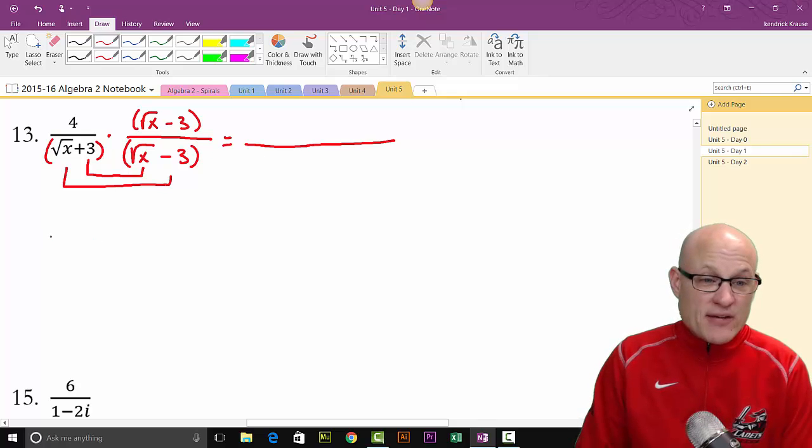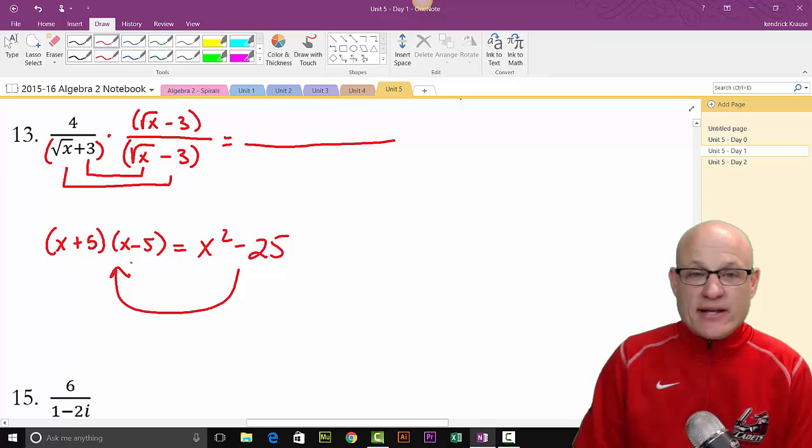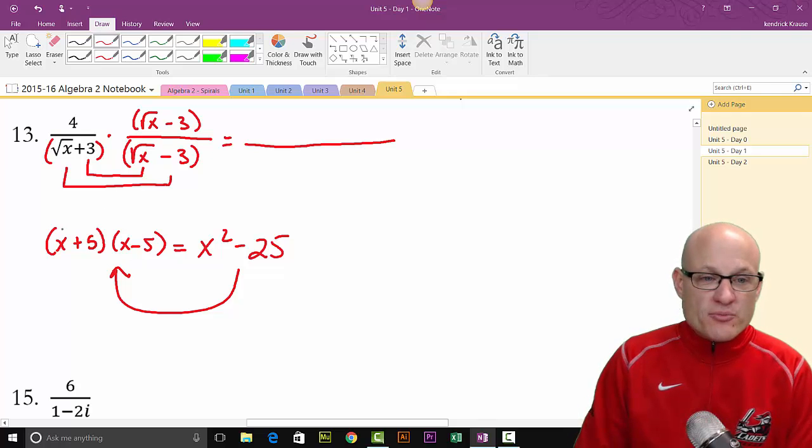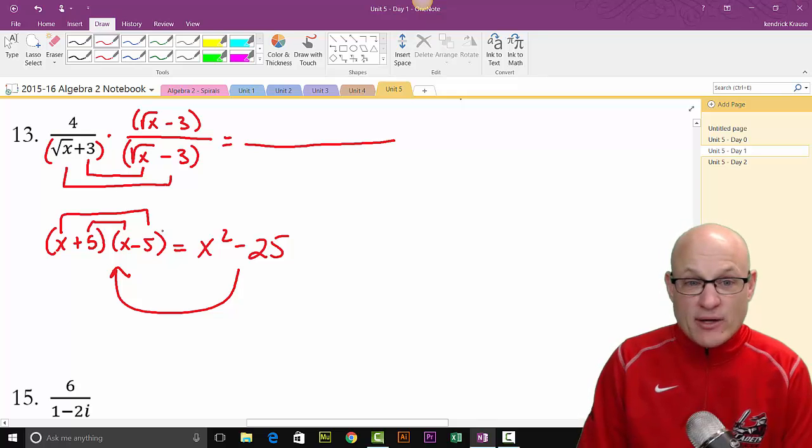It would be the same thing if I told you to double distribute x plus 5, x minus 5. By now you should say, hey, that's just x squared minus 25, because it's the difference of perfect squares. You should recognize that you don't need to do the middles, the negative 5x and the positive 5x. They're going to cancel anyway.